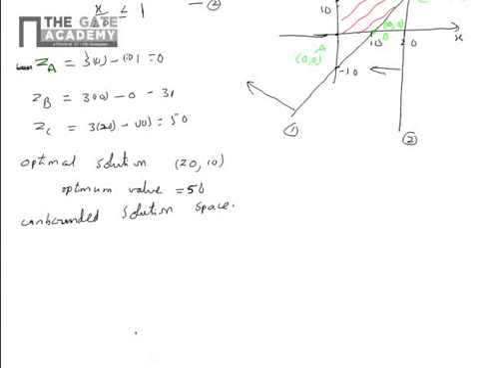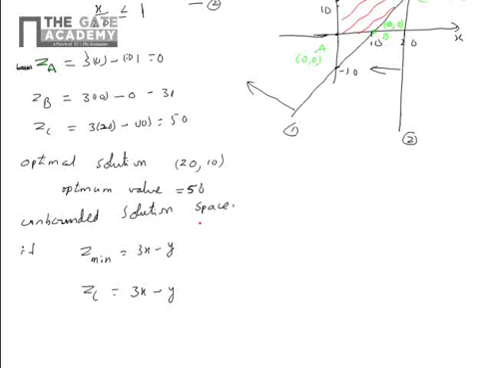Suppose I change the objective function to minimization of 3x minus y, what is the best answer? As we look at ZC with 3x minus y, the y value goes on increasing because it is infinity.